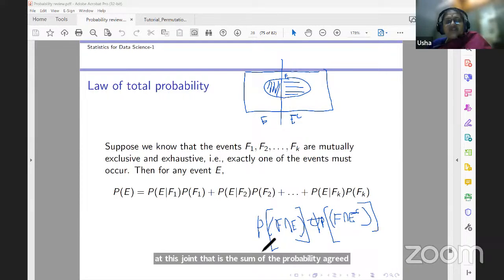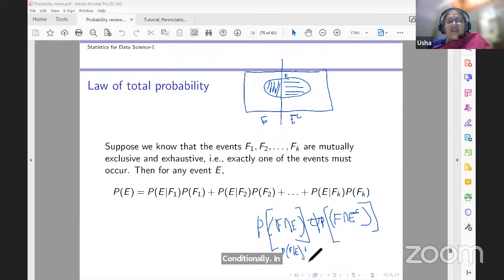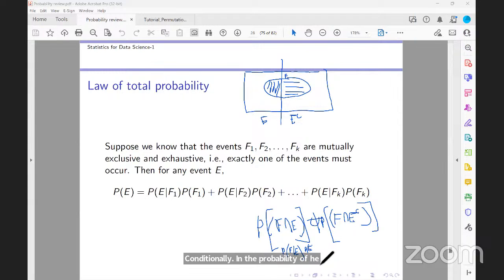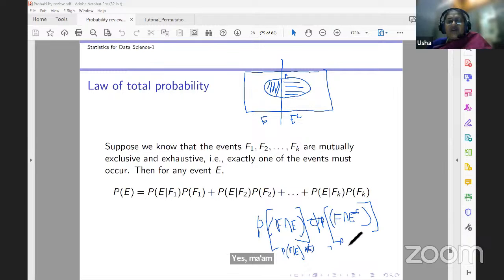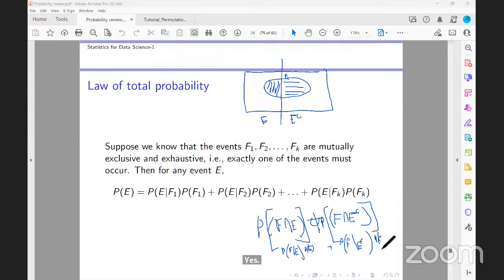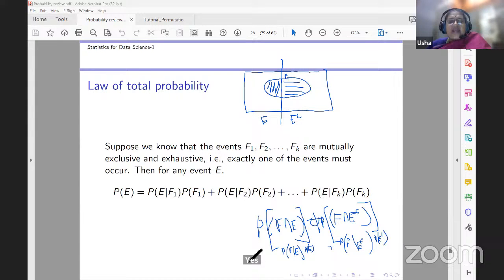Now, from the definition of conditional probability, F intersection E is the probability of F conditioned on E times the probability of E. Similarly, F intersection E complement is the probability of F conditioned on E complement times the probability of E complement. So I can write the probability of F as the probability of F conditioned on E times the probability of E, plus the probability of F conditioned on E complement times the probability of E complement. I can do this, right?